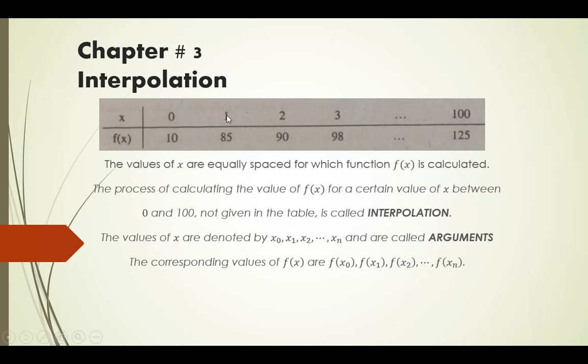If this is x1, this value will be f of x1. If this is x2, this value will be f of x2, and so on. So I write here that the corresponding values of f of x are f of x naught, f of x1 up to f of xn.